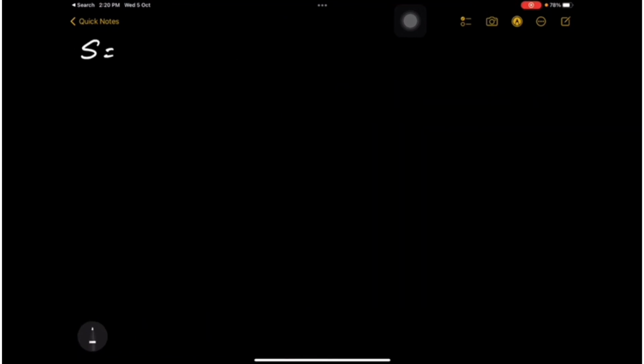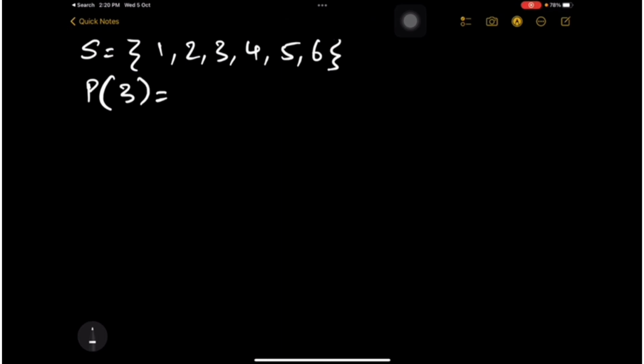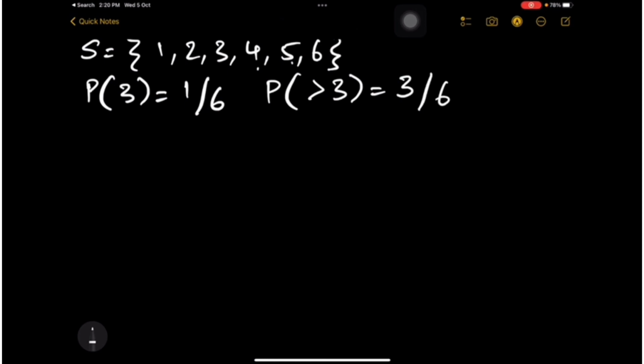So sample space is 1, 2, 3, 4, 5, 6, and probability of getting 3 is 1 by 6. Now probability of getting a number greater than 3 is 1, 2, 3, that is 3 out of 6.